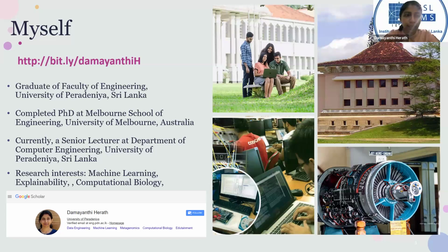My research interests are in machine learning, and I also explore explainable machine learning and computational biology. My research profile can be viewed on Google Scholar under my name. You'll be able to understand what my research interests and work have been so far. It should speak for itself.